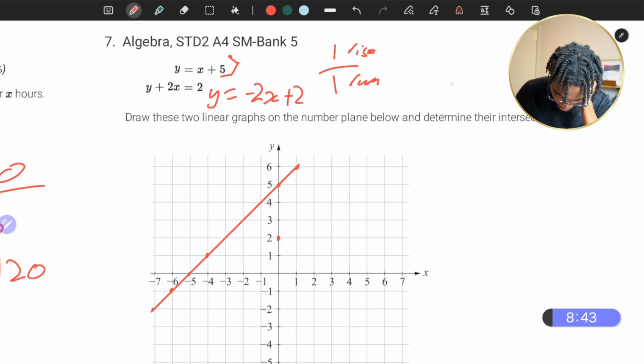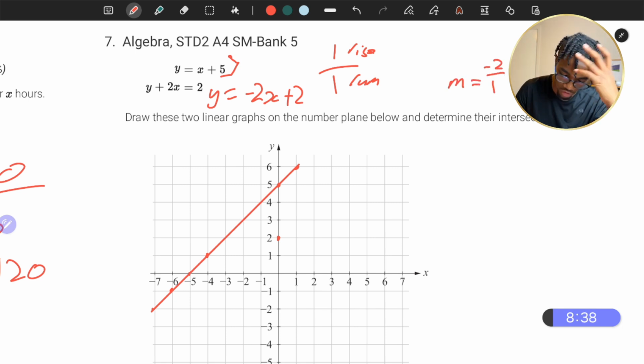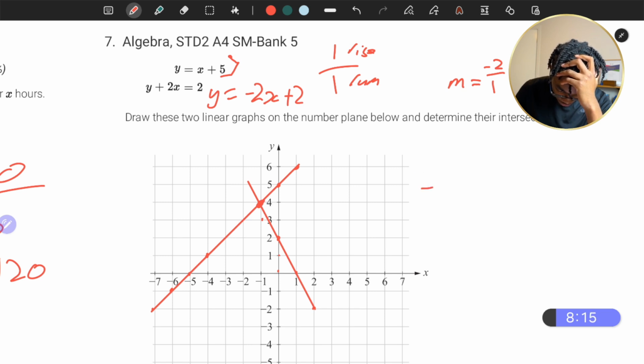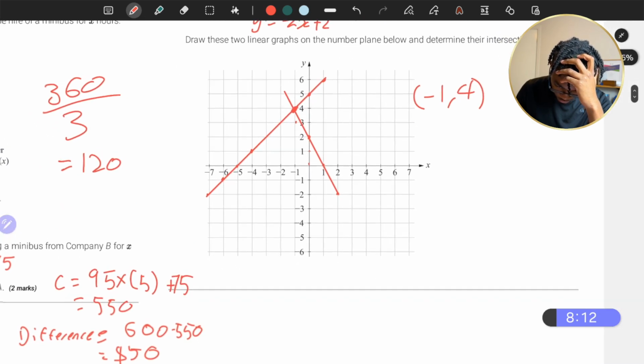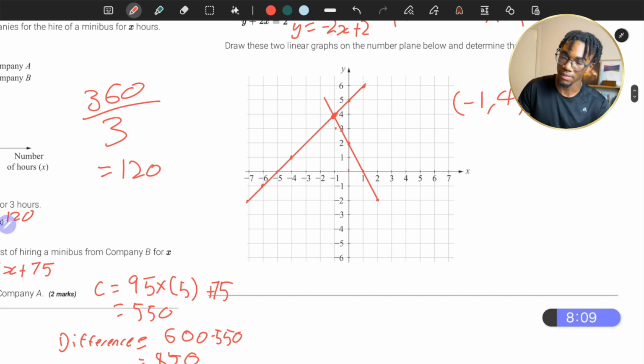So m equals minus 2 over 1, so it goes down 2 across 1, down 2 across 1. Draw a line up here, and our point of intersection is about here, so (-1, 4). So let's keep moving.